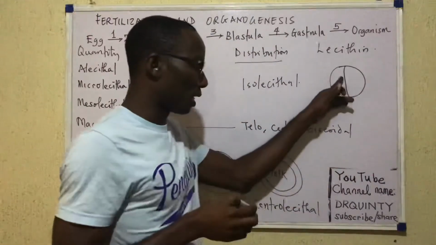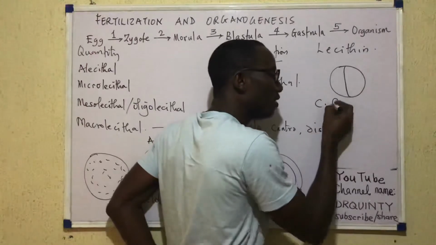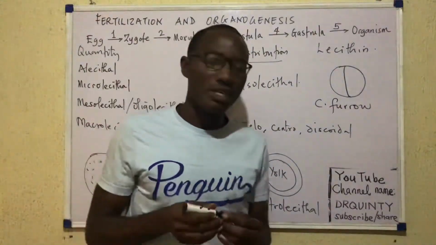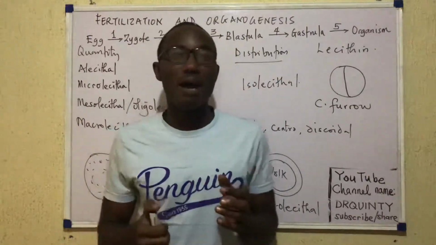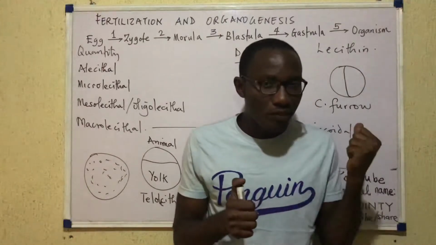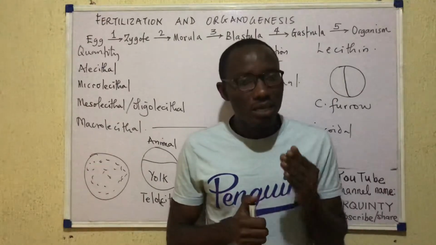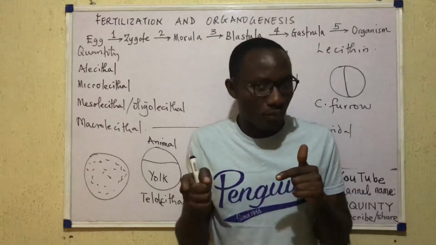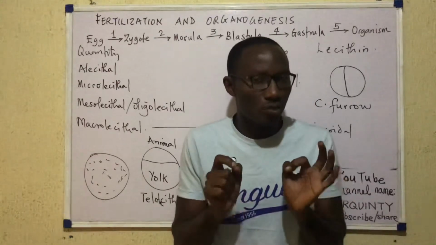So this streak that achieves the division is called a cleavage furrow. Now, the cleavage furrow is not known to cut through yolk. When you have a dense concentration of yolk, the cleavage furrow does not cut through it. So it means that cleavage furrow only cuts through clear cytoplasm or cytoplasm that has very little yolk.